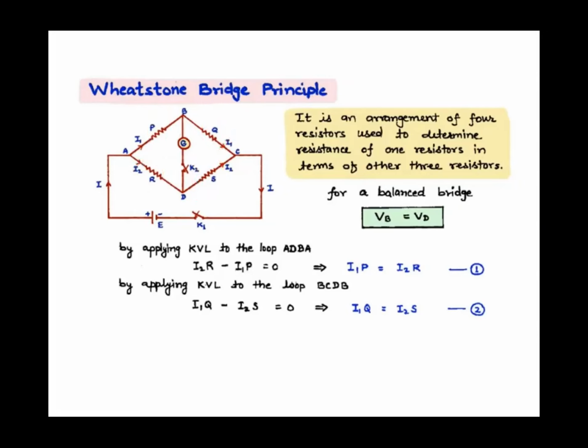It means that if you want to find out, suppose resistance P, then you can find the value of P in terms of Q, R, and S. So Wheatstone bridge is an arrangement of four resistors with the help of which we can find one of the resistances in terms of the remaining three resistances.